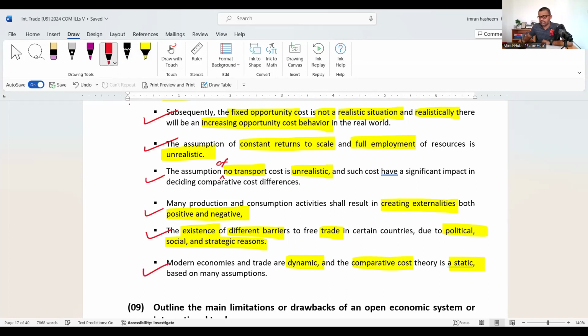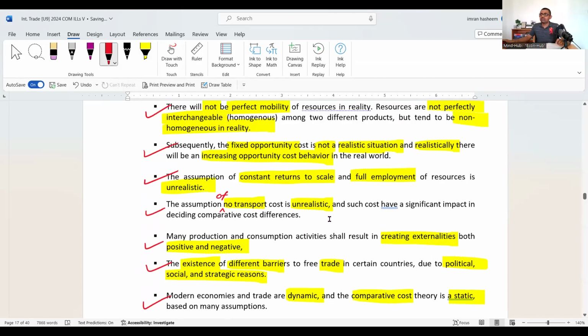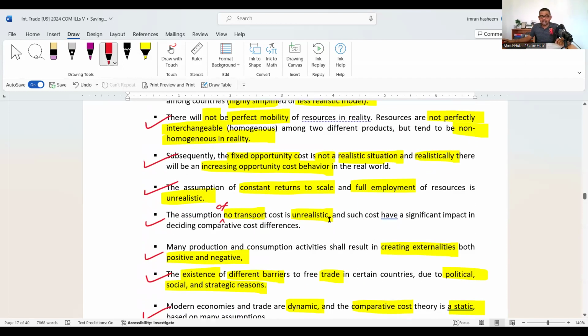Right. So these are standard examiner-accepted and expected limitations. So make sure you are smart to go through the assumptions and the limitations together so that you don't need to put double the effort to remember the assumptions and the limitations. It's just a way of writing.